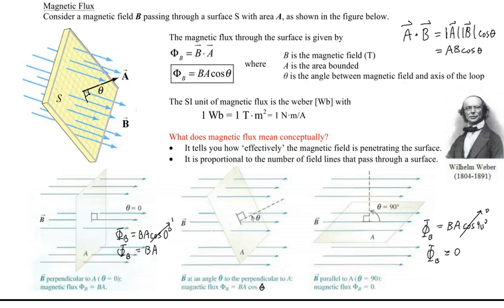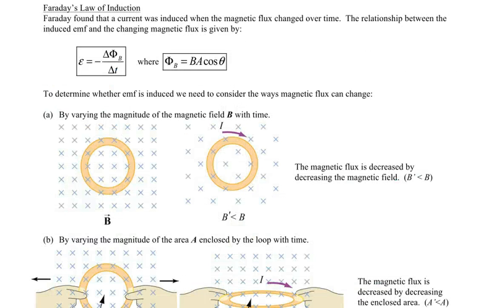We are using this magnetic flux definition to summarize Faraday's law. If you flip ahead to page 4 in your notes, you'll see Faraday's law of induction. Faraday's law states that the induced EMF, or current, but in this case we're looking at the EMF, represented with epsilon, remember this is measured in volts, is directly proportional to the change in magnetic flux.